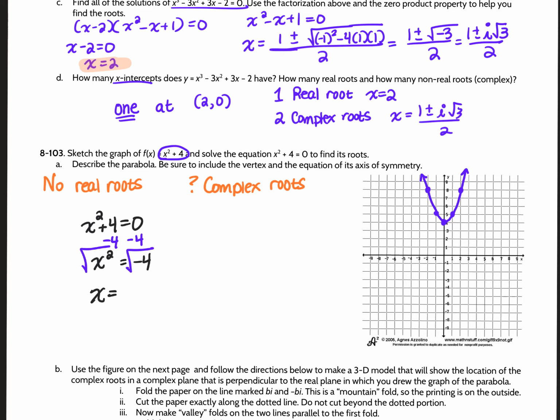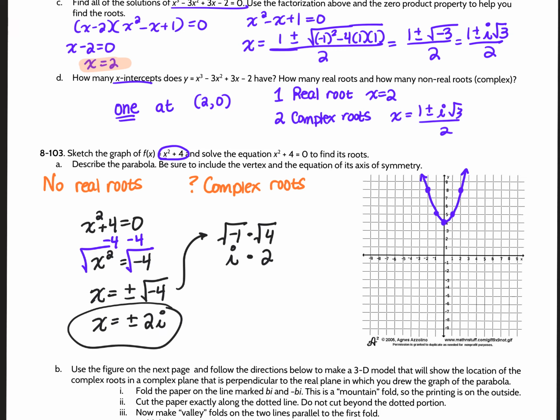So when we take the square root of both sides, we have to say plus or minus, and then we've got the square root of negative 4, which, guys, if you remember, that just means the square root of negative 1 times the square root of 4. That's all that's saying. So square root of negative 1 is i, the square root of 4 is 2. So really what we have here is plus or minus 2 times i. Those are our complex roots. So we have 2 complex roots.